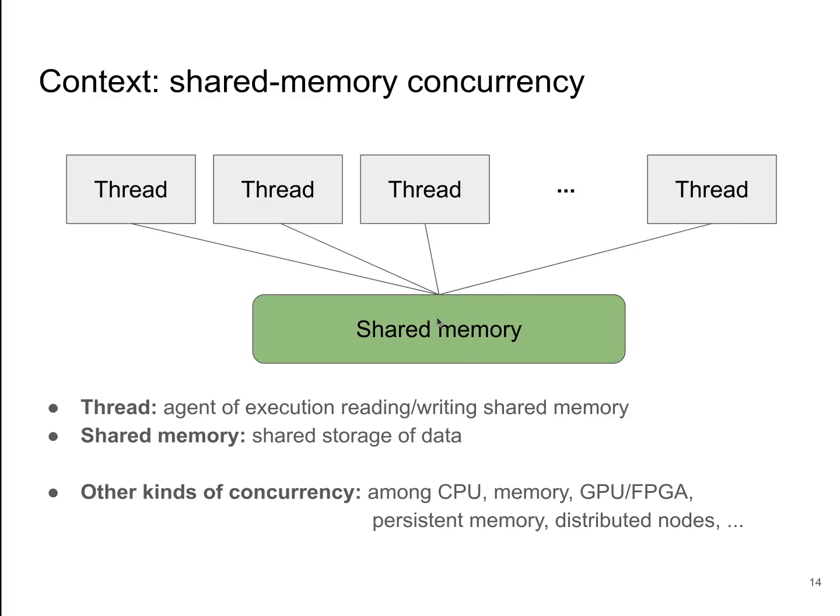So you can see that it is a little bit simplified view of the existing physical CPUs, because they have caches or store buffers and all kinds of complex things inside the actual implementations of the CPUs and memories and the system.